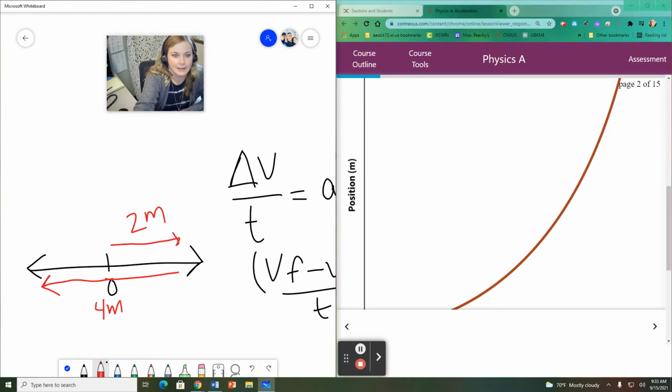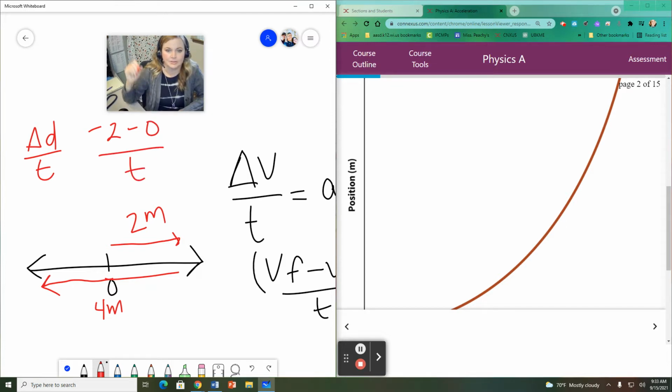So remember this is velocity, so if I say change in displacement over time, I would write that as negative 2 minus 0 over time. So you have to use your final position minus your initial position divided by time, and that can be negative. And that negative in this case is just telling us that you moved behind you.